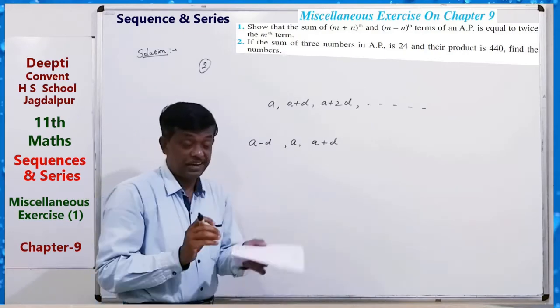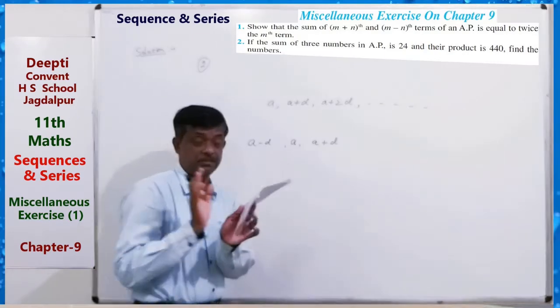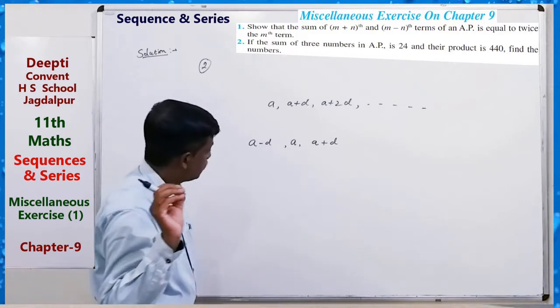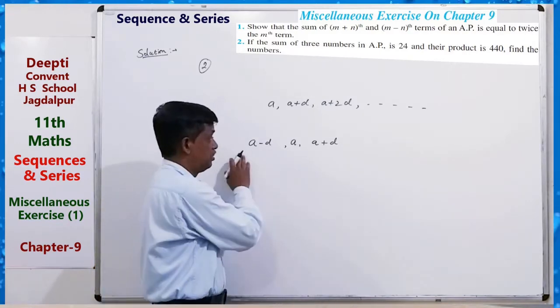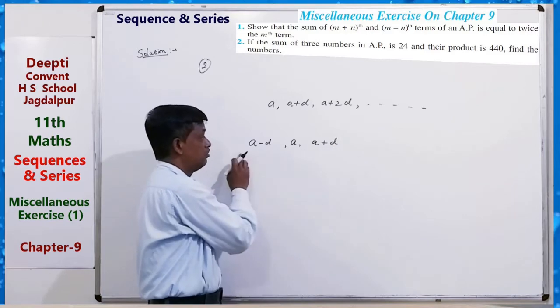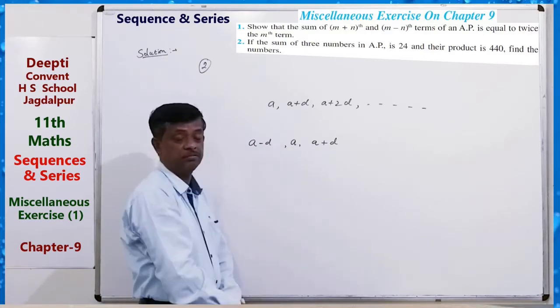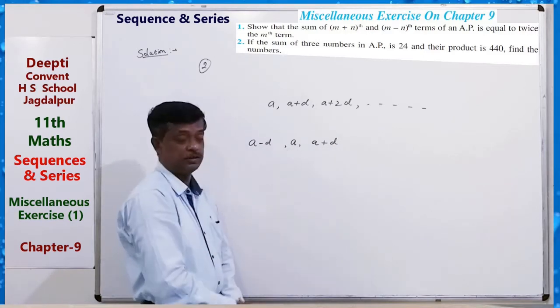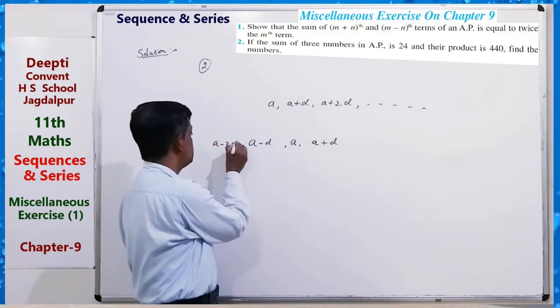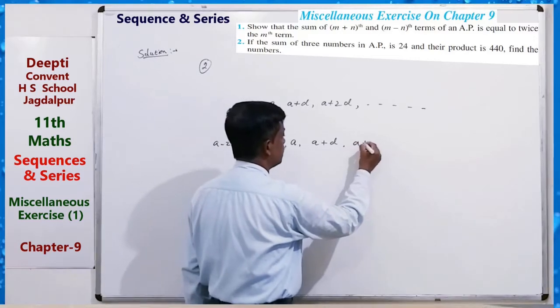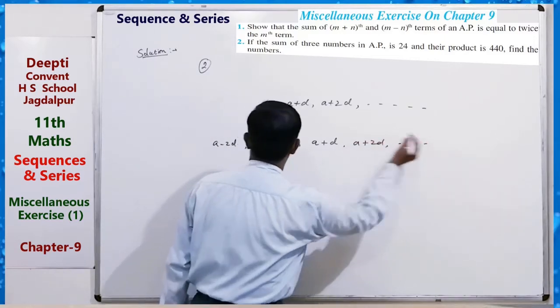Because for the sum and for the multiplication of these numbers, we can easily solve. At the time of the sum, we get 3a and the d's cancel. So it will be very easy. For 5 terms, a minus 2d, a minus d, a, a plus d, a plus 2d, and so on.